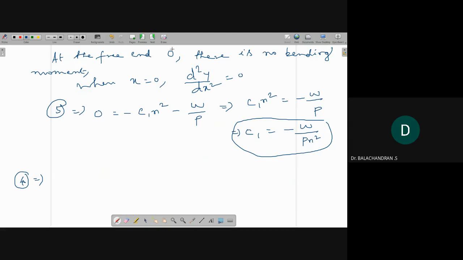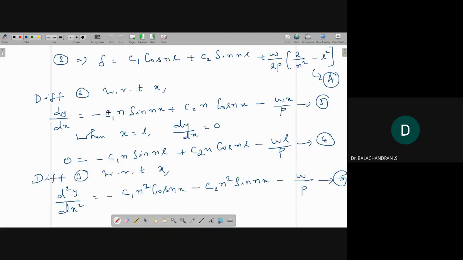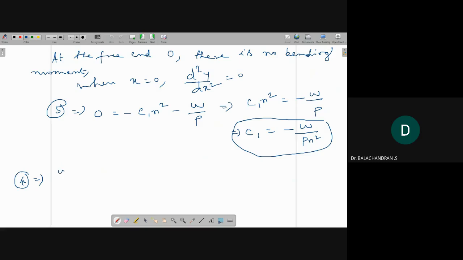Here you have minus, here also you have minus C1, so plus omega by p n square into n into sin nL plus C2 into n into cos nL minus omega L by p. Okay, left hand side is 0, I think so.